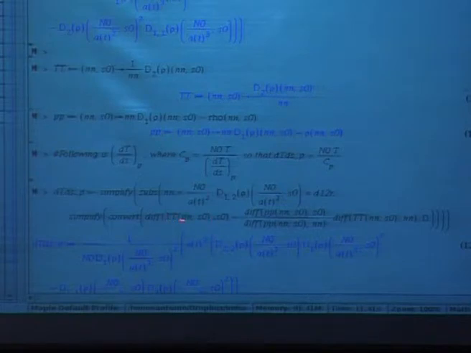Because I am deriving with respect to S, minus dP over dS at constant n, dT over dn at constant S, divided by dP over dn at constant S. That's what I wrote there.